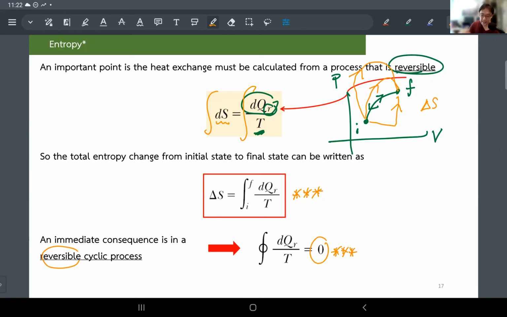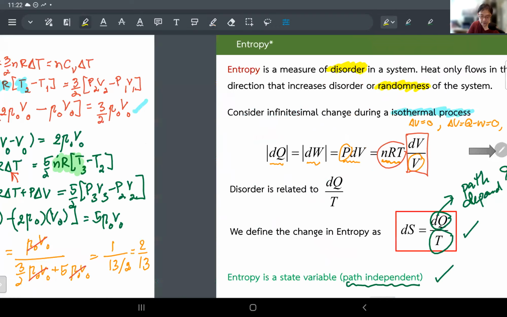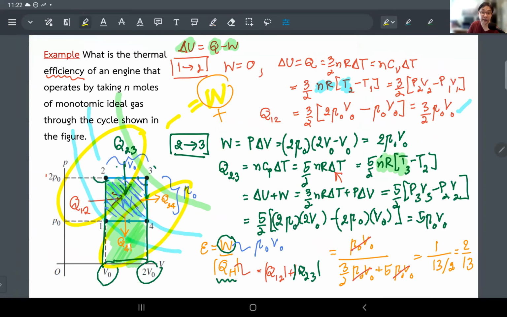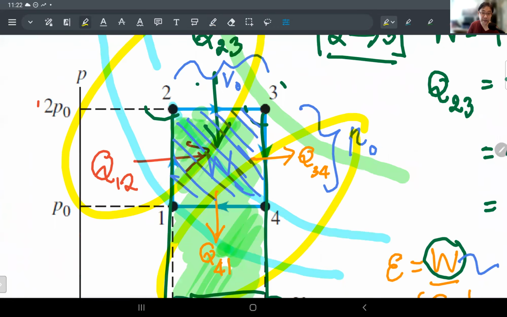That is based on the reversibility. Because we use the PV diagram for the processes we have been studying so far, this is a reversible process. So you can go from 1 to 2, 2 to 3, 3 to 4, back to 1, and you guarantee that for the whole thing, the entropy change is 0.